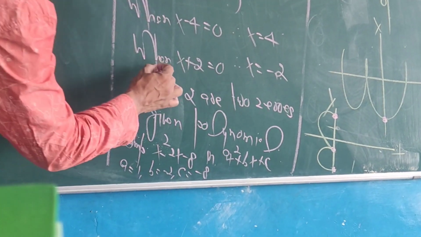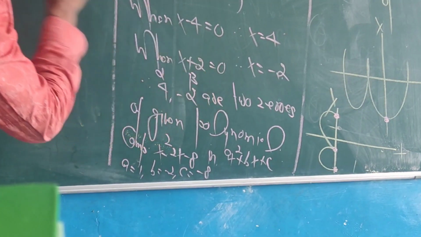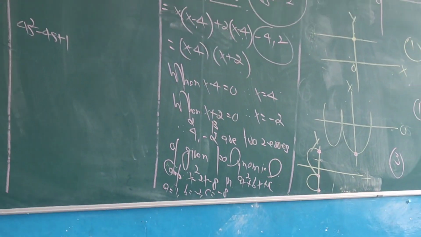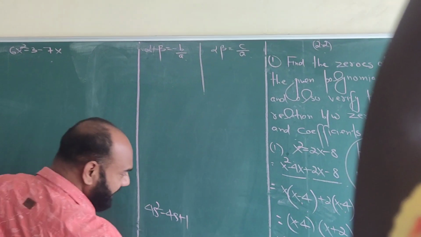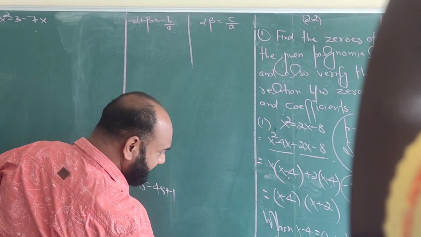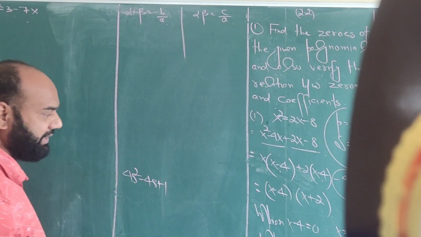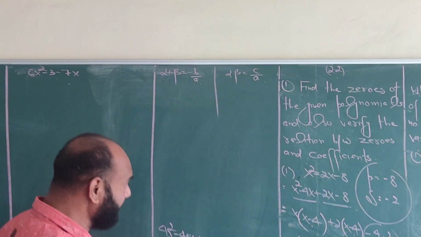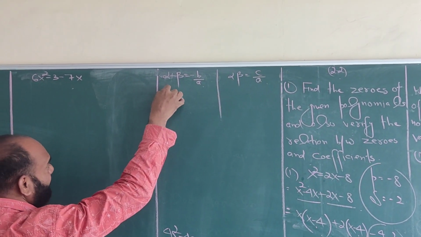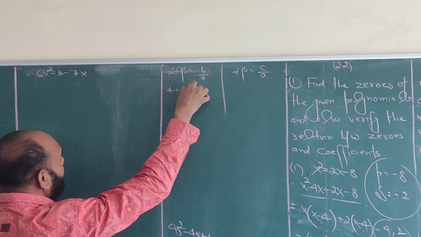And these two zeros are said to be alpha and beta. So first of all, alpha plus beta equals minus b upon a. Alpha is 4 and beta is minus 2, the zeros of the polynomial. So this is 4 plus minus 2.